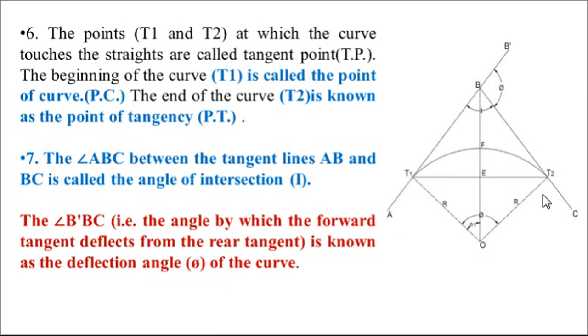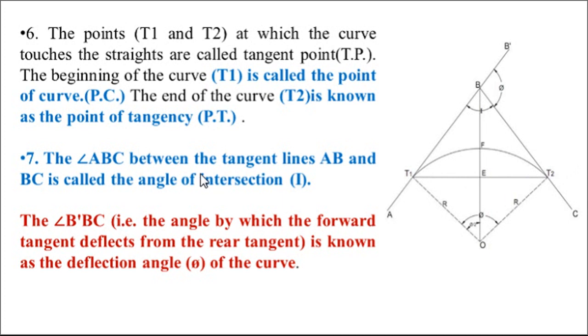T1 is the beginning of the curve, that's why it is called the point of curve, from where the curve starts. T2 is the end of the curve, where the curve ends and then the straight line starts, and that's why it is called the point of tangency PT. So PC is T1, PT is T2.